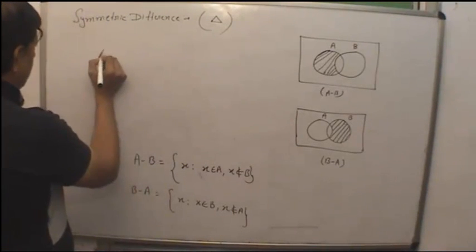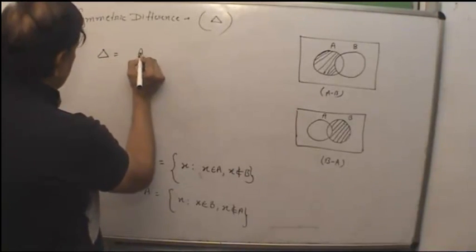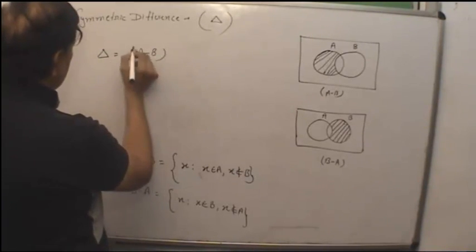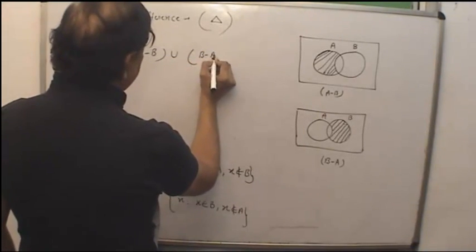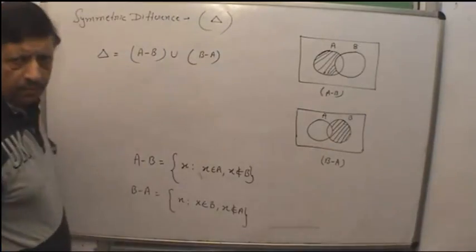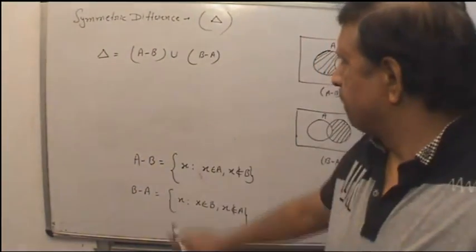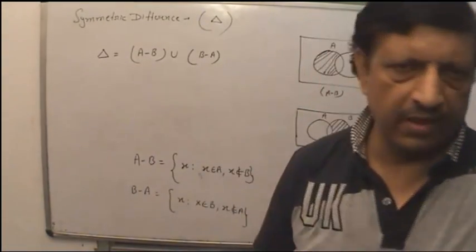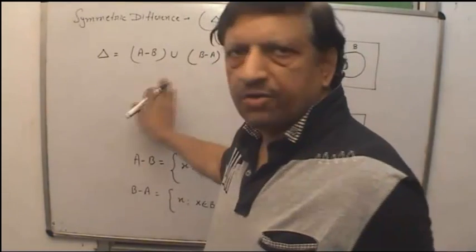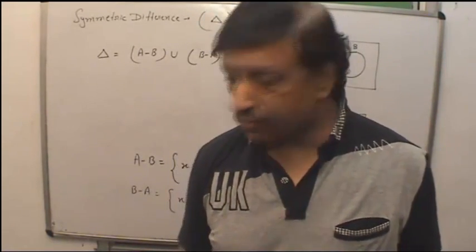Here, delta means symmetric difference, that is equal to A minus B union B minus A. Nothing new, all the three concepts we know. We can find A minus B, we can find B minus A, then we take the union, that will give the symmetric difference of the given two sets.